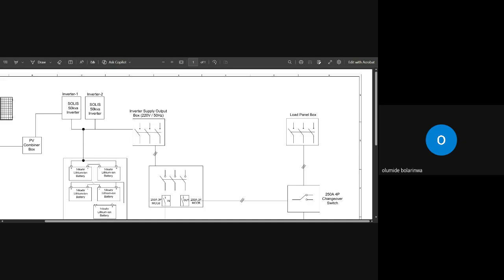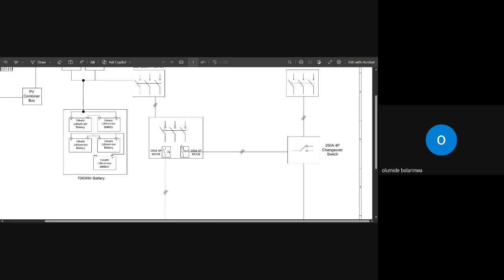But there are sometimes whereby you will buy your sub breaker separately, and you buy your breaker and you buy your enclosure separately. How many enclosures do we have here?